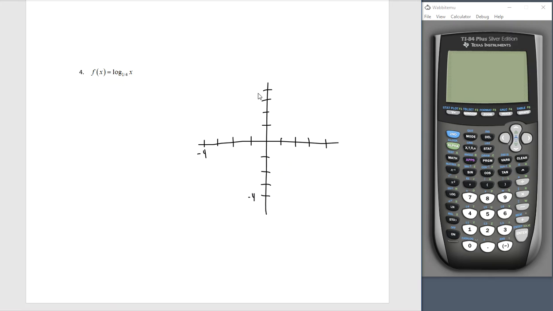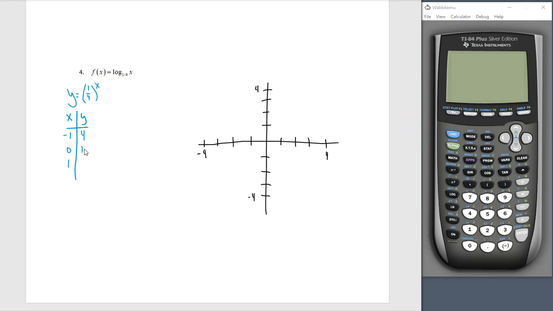Using the base of 1/4, I've gone 4 in every direction. Let's take a look. If y equals 1/4 to the x power, using the 3 easiest x values, -1, 0, and 1. -1 is the reciprocal. The reciprocal of 1/4 is 4. Any number other than 0 to the 0 power is 1.